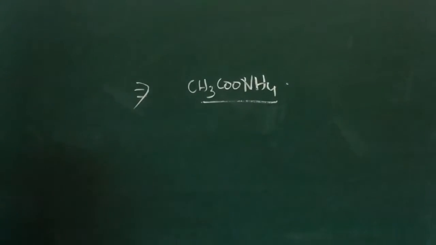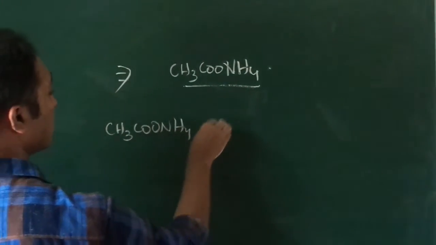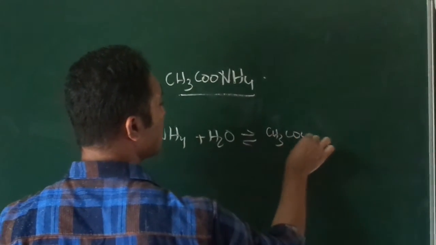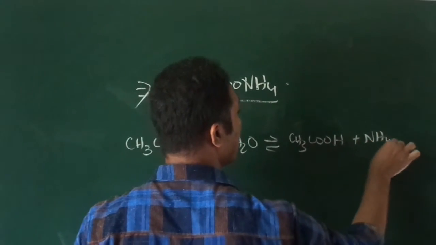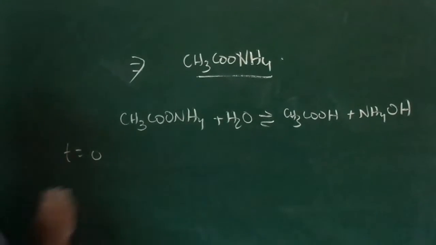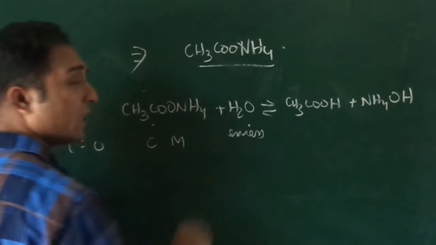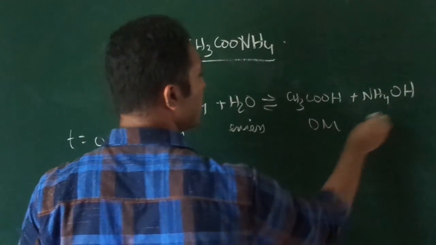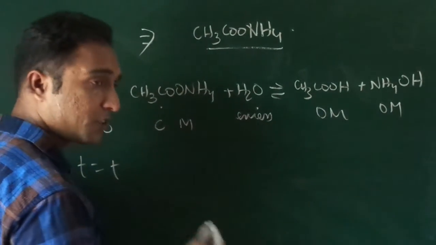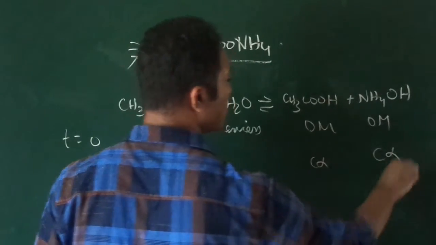Now you need to remember this salt when hydrolyzed goes into CH3COOH plus NH4OH, right? Now for a moment, think about it. At t equal to 0, this was C and this was excess. I generally take it to be excess. This is 0 M and this is 0 M, right students? Now at t equal to t, and the degree of dissociation is alpha, of course, this becomes C minus C alpha, this becomes C alpha, and this becomes C alpha, right?